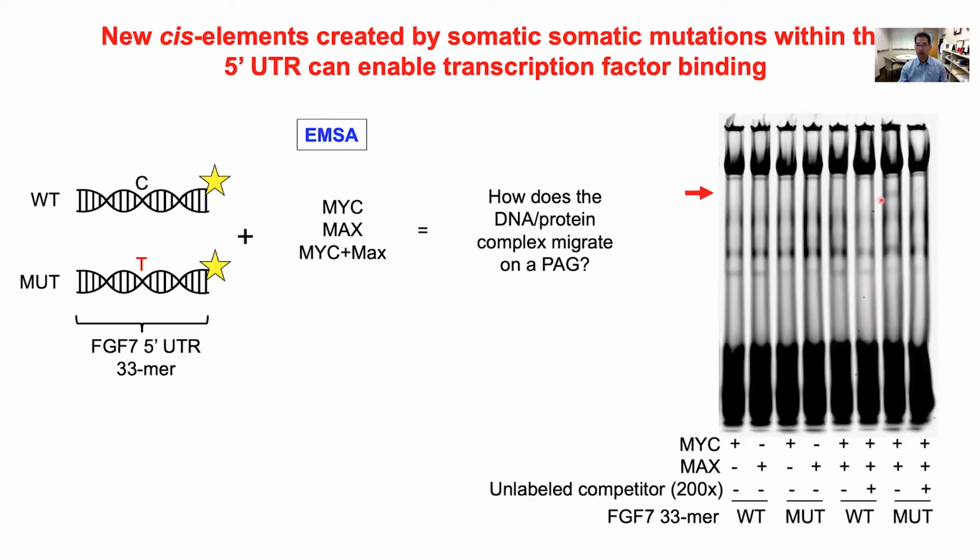However, only in the context of the mutant do we see binding with the MYC-MAX complex, and this can be competed off by using an unlabeled competitor, demonstrating that 5' UTR mutations at the DNA level can create neopromoter elements that can drive gene expression of oncogenic genes.